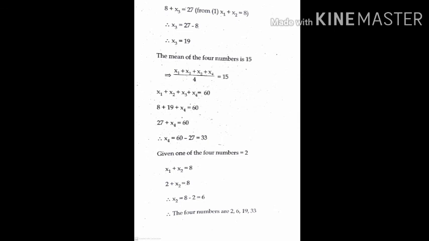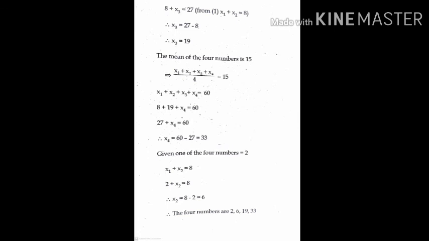Next step, substitute the x1 plus x2 value, that is 8, plus the x3 value, 19, plus x4 is equal to 60. 19 plus 8, 27 plus x4 is equal to 60. Therefore, x4 is equal to 60. The plus 27 moves to the right side, it becomes minus 27. After subtracting, we get 33.